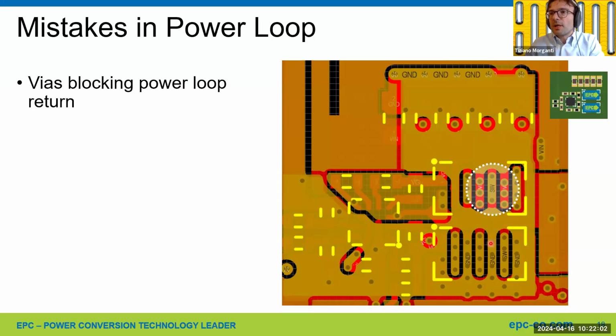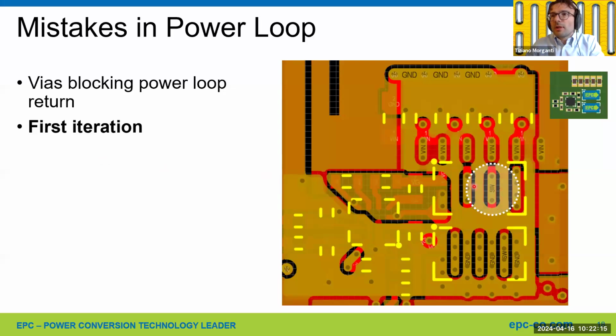So as you can see here, the return currents from the low side are forced to go on this thin path here and on this thin path on the other side. So what you can do is move those vias up here, for example. So you can create those two additional paths that are also the most direct ones to the bypass capacitors.